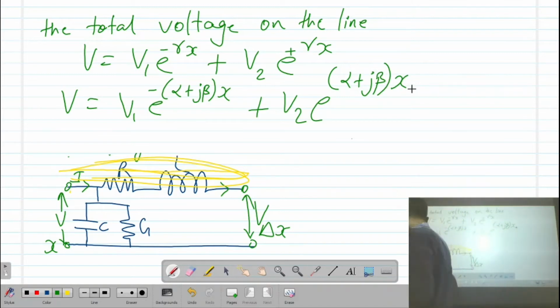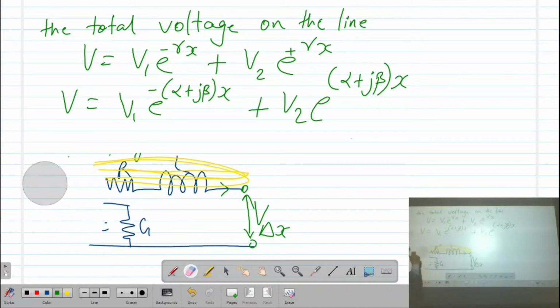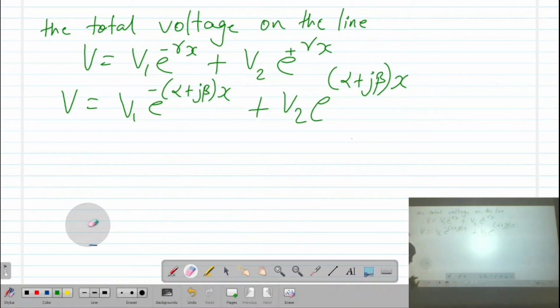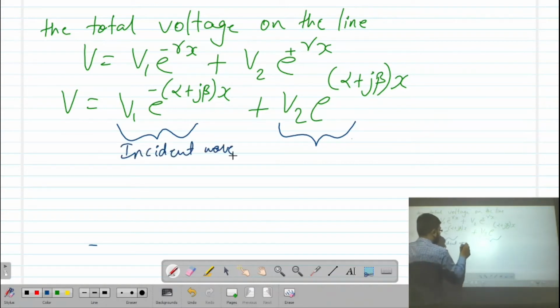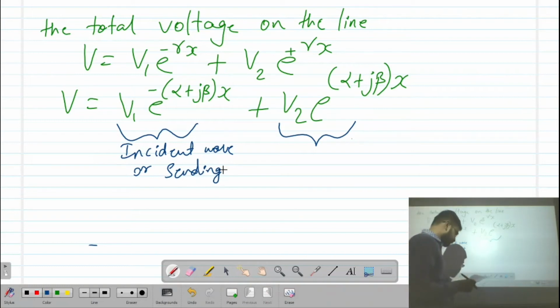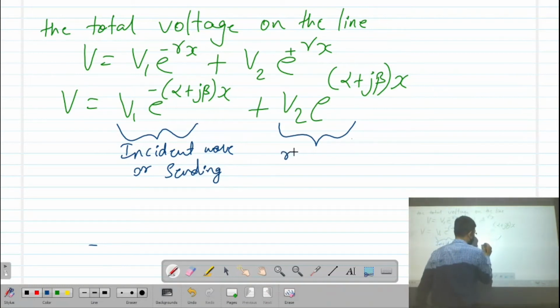Now this first term is the incident or the sending wave, and the second term is the reflected wave.